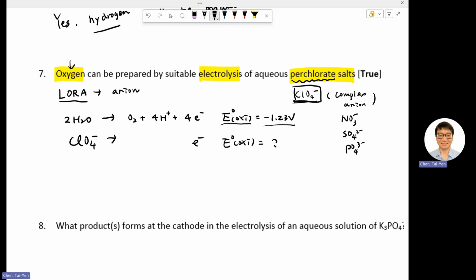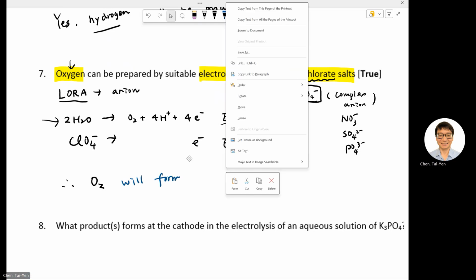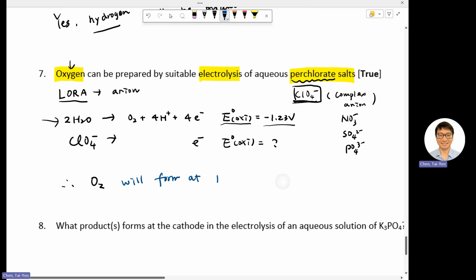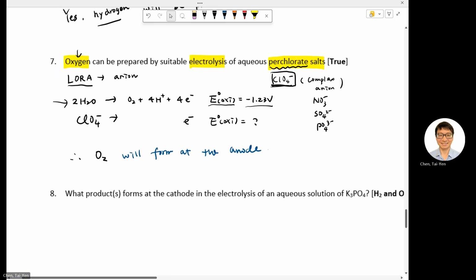Therefore, this will be the only reaction that's going to happen at your anode. Since that is the case, you can say yes, the O2 will form at the anode. So that's how you solve question number 7.